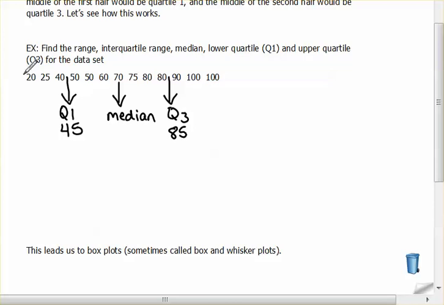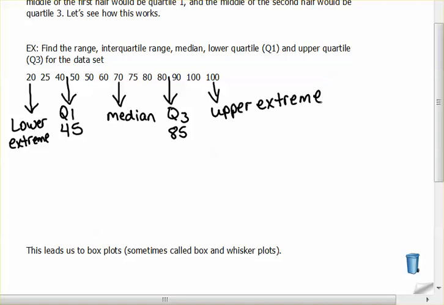Now the 20 here, we call that our lower extreme, because it's the smallest number. And the 100 over here, we call this our upper extreme, because it's the highest number.